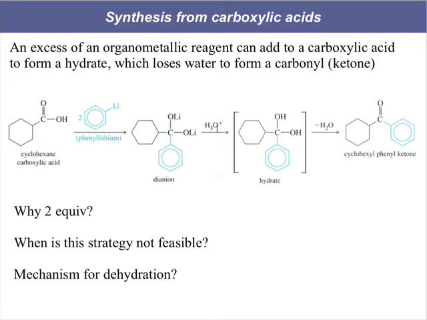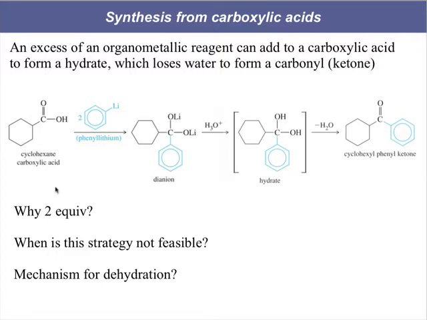If we protonate that, we reacidify the solution, we will convert our dianion into a hydrate, which is a geminal diol. And typically hydrates are not stable. They tend to lose water and regenerate the C double bond O. So notice that we've taken the carboxylic acid and using two equivalents of RLi, we end up adding the R group in place of where our carboxylic acid group was.